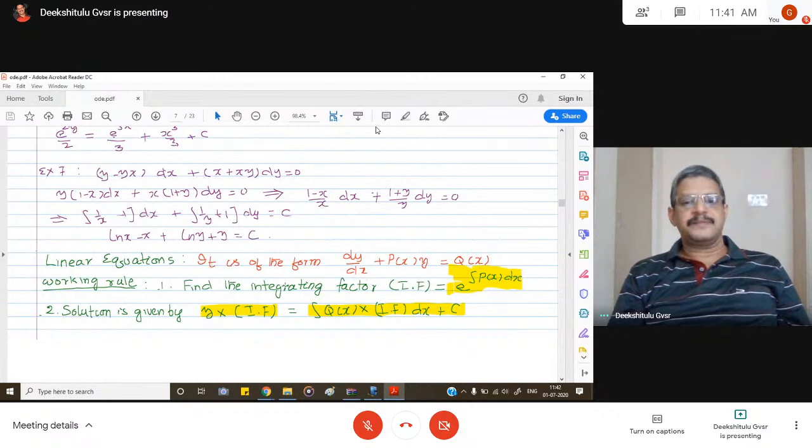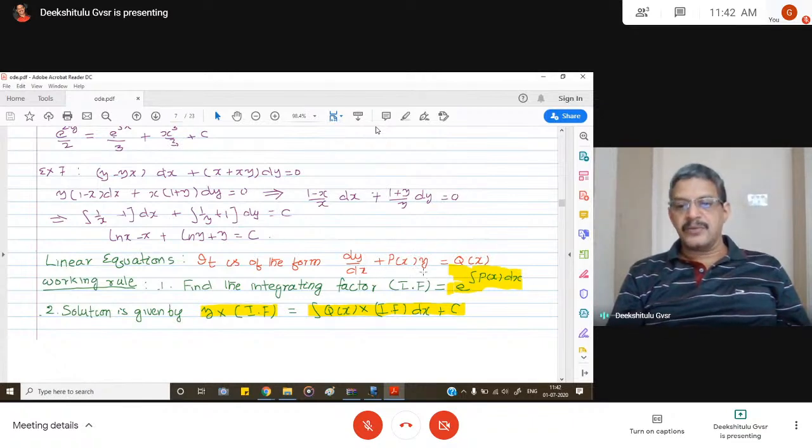Working rule for this: you have to find an integrating factor, generally denoted by IF. For this linear equation it is given by e power integral p of x dx.